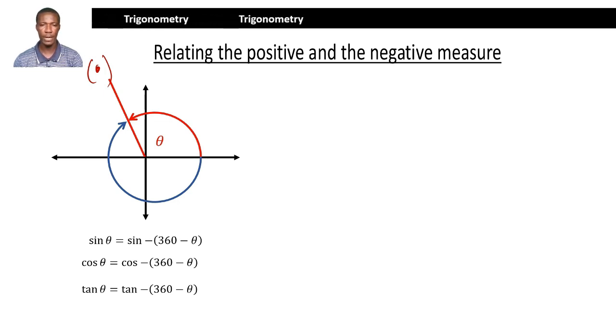So in effect, we are saying that when we have a positive angle, it has a related angle that is negative, where the two will have the same value.